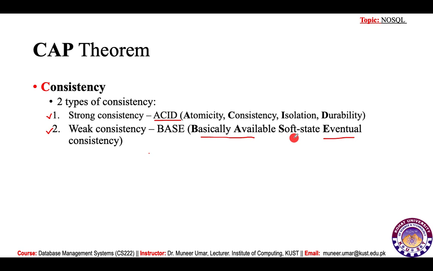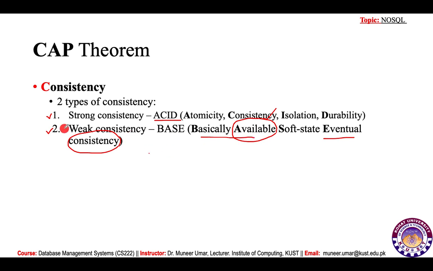In simple words, the foremost thing is availability, and then we think about the consistency. So the consistency might not be strong, but the system must be available in the case of BASE, or in the case of weak consistency.